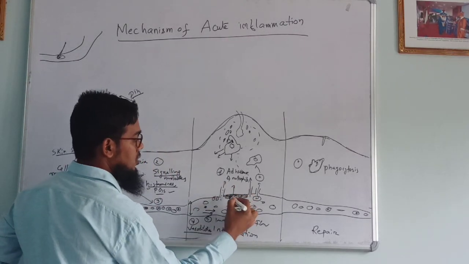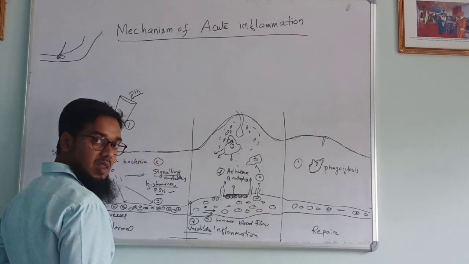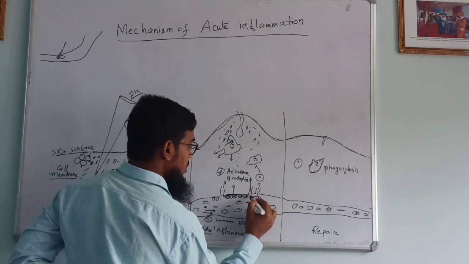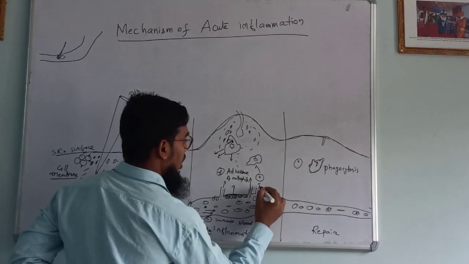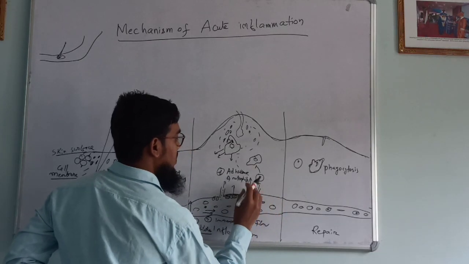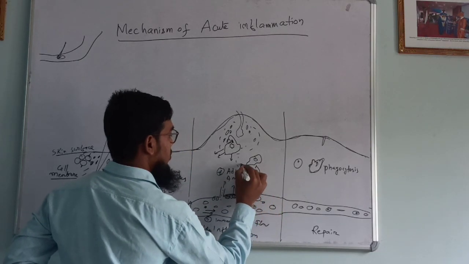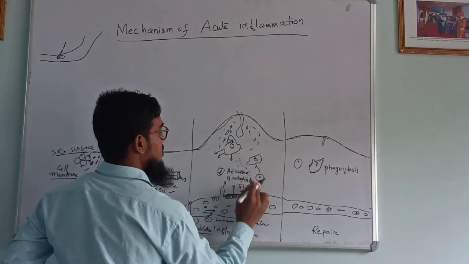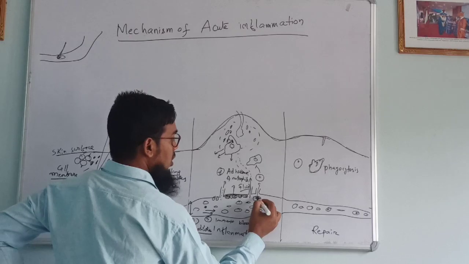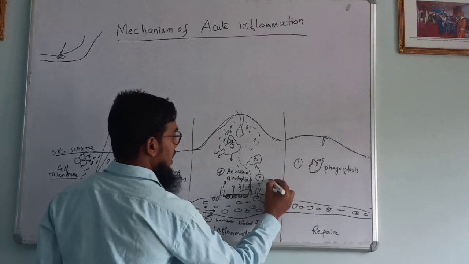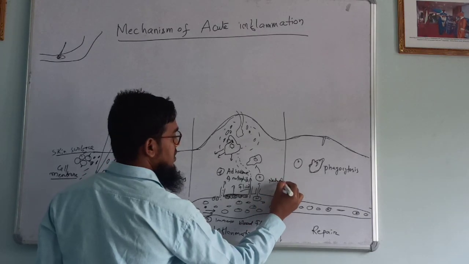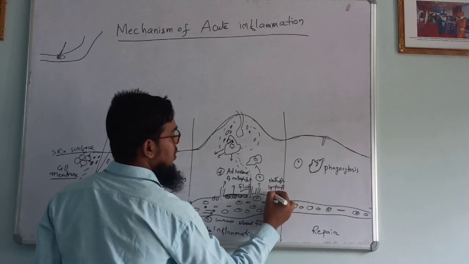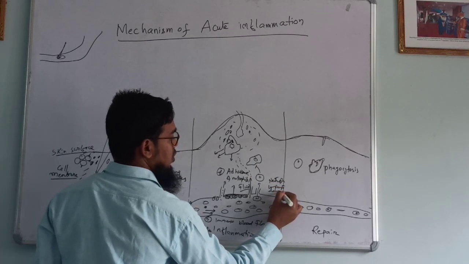Neutrophils will attach to the surface, which will cause leakage of some fluid. The fluid will leak to this area, and also some blood cells like neutrophils, lymphocytes, and mainly monocytes.